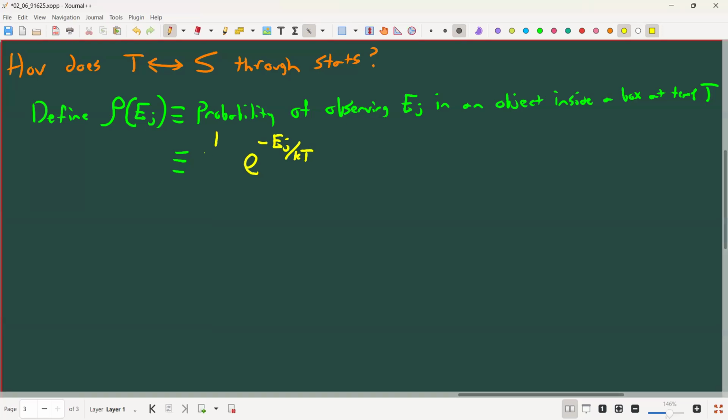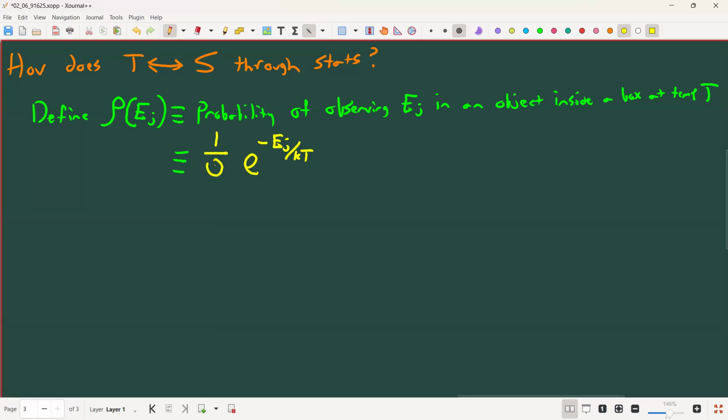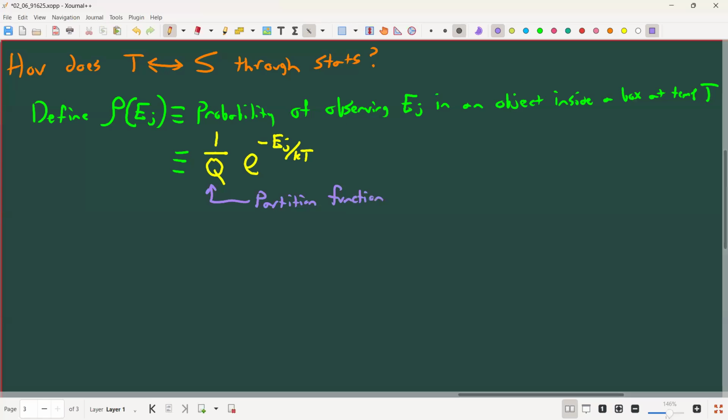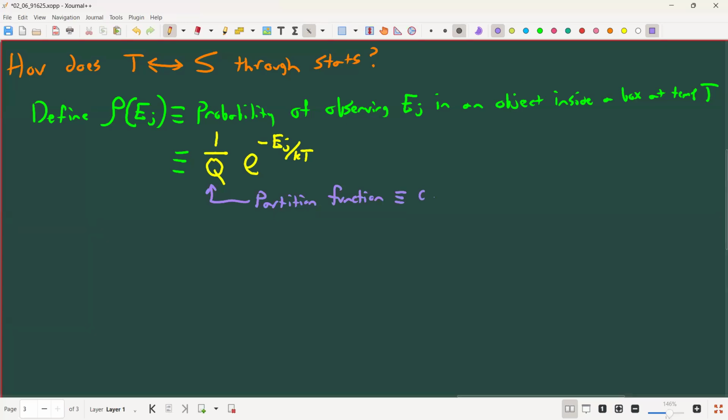And this has a special name, we call it Q. This is what's called the partition function. We're not going to really talk about these, but you see them in the homework. What this specifies is a count of all accessible, let me be very careful with this wording, energetically accessible states.